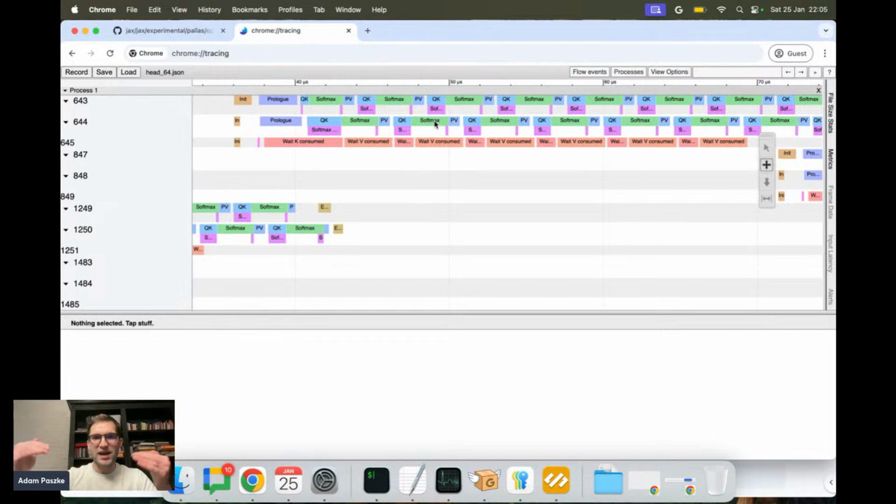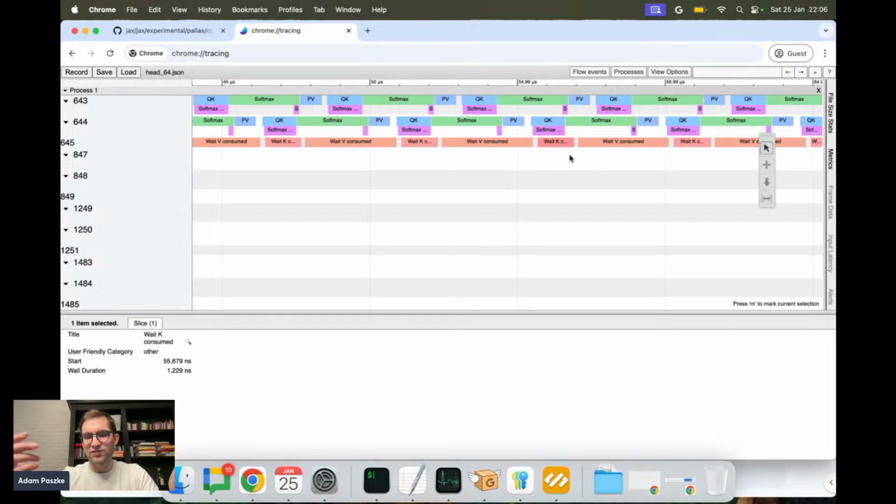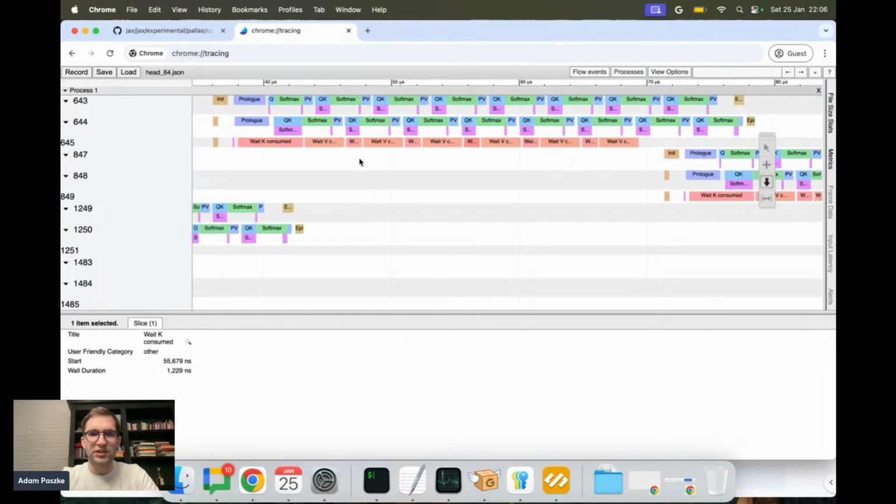So their pattern of events will look very similar. The memory thread is mostly waiting for the other threads to indicate that they have consumed the data, so that it can schedule the transfers. Here is how long it took to schedule the transfer, and then it waits for another signal. It doesn't do anything interesting, but you can roughly see how long it takes.